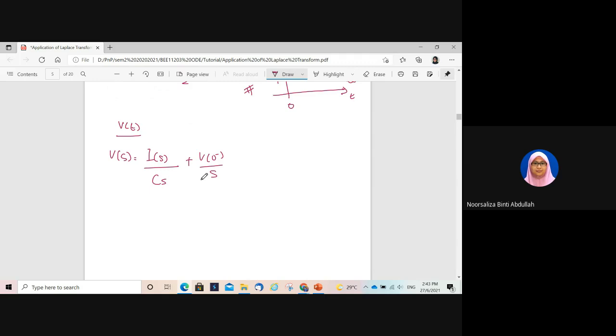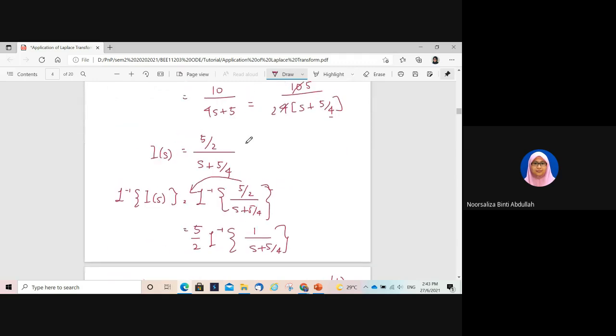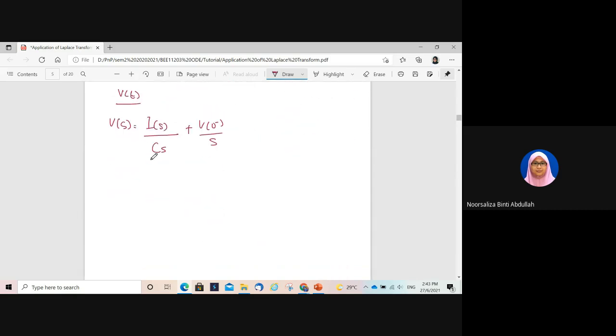Okay, so I(s), we already got it from here. So this is the I(s) that we are going to use. So I(s) is 5 over 2 S plus 5 over 4, divided by Cs. C is 0.2, so 0.2S, right?